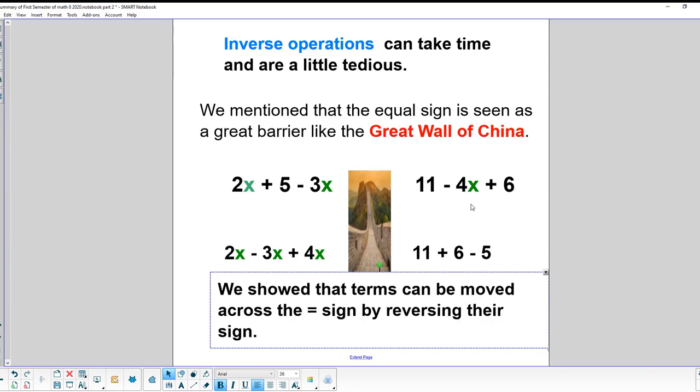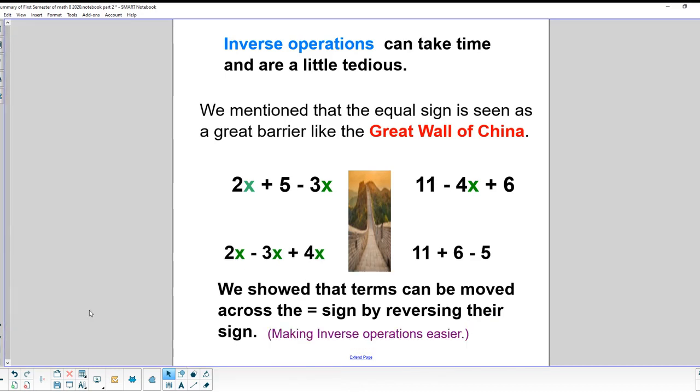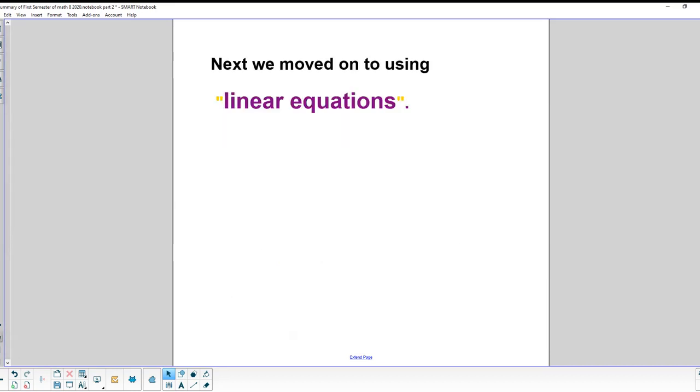If it's negative on one side, it becomes positive on the other side. And so here's an example of how I moved all the x's to the left side and all the constants to the right and what their signs would look like if I did that. By doing that, we made inverse operations a little easier. We kind of streamlined the process and made it quicker and not so frightening or tedious.